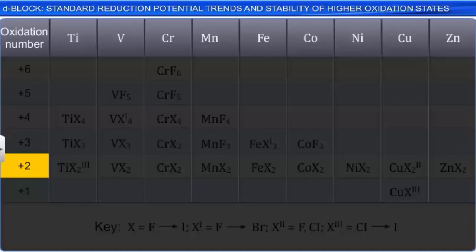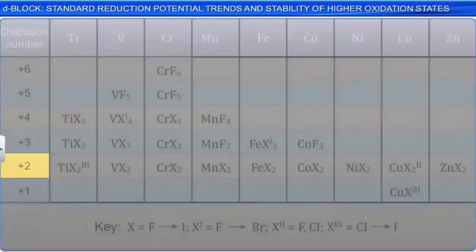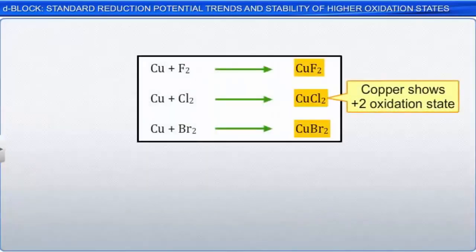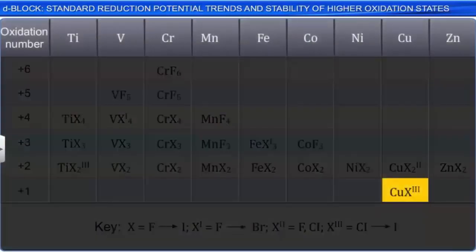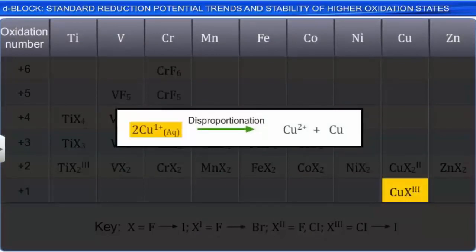Copper, in +2 oxidation state, forms all the halides except iodides, because cupric ion oxidizes iodide to iodine. Copper +1 compounds, being unstable in aqueous solutions, undergo disproportionation to give stable cupric ion and copper, according to the equation shown here.